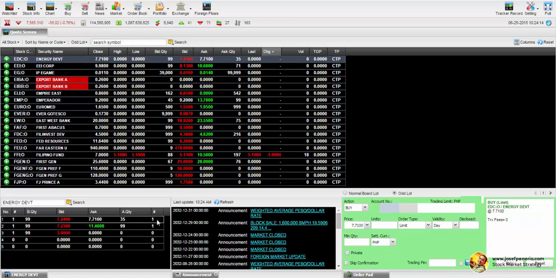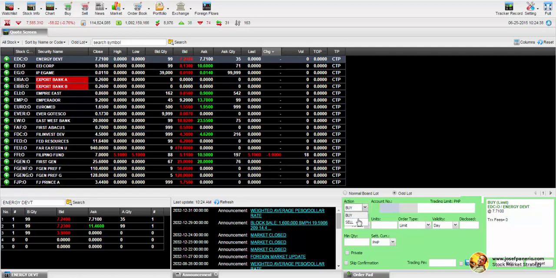So the next window, once you click this stock, this is what I mentioned. This is what we call the transactional window or transaction window. It will display the buy or sell option. If you want to buy, the color here turns pastel green.